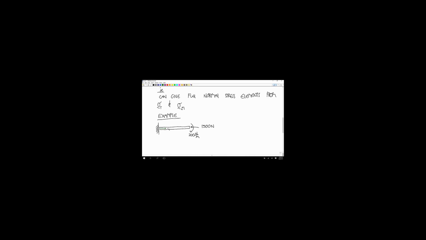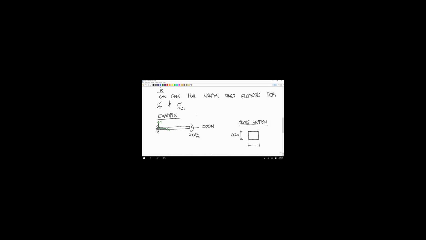Our coordinate system is going to be x along the beam, y up, z out towards us. And the cross section is a square cross section where everything is 0.2 meters.